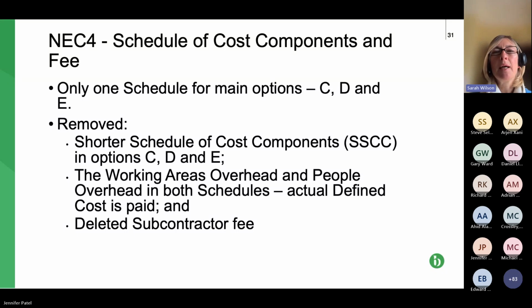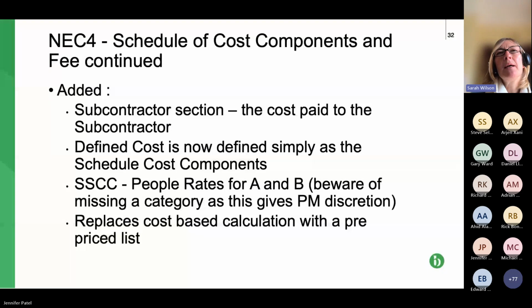So you're going to have to be proving actual cost. And the subcontractor fee percentage has been removed because it's now been put into the schedule and shorter schedules of cost components, as we've discussed. And then I think we've got the final slide, which is what's been added to NEC4, the subcontractor section, as we've already seen. So that limits the defined costs that we've already covered.